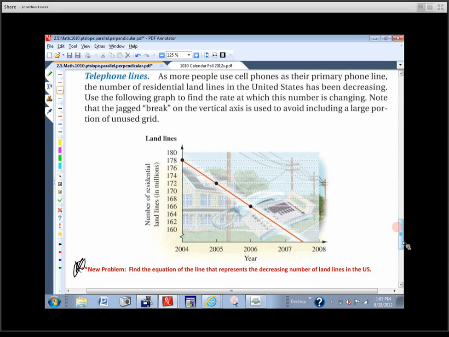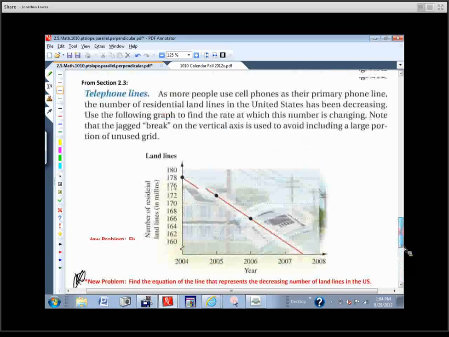So now it's not just find the rate, not just find the slope for this line, for the rate at which the land lines are decreasing. It actually wants us to come up with an equation for this line.